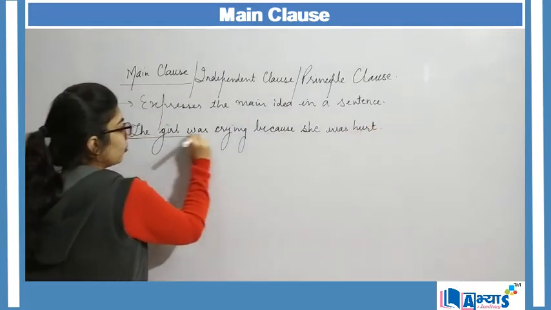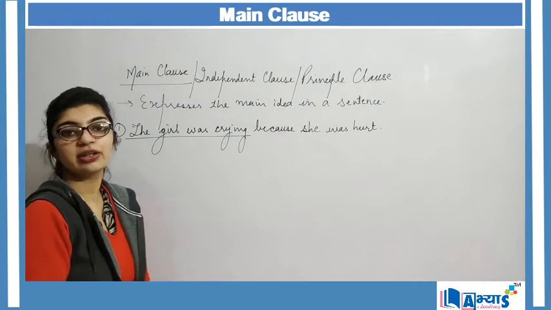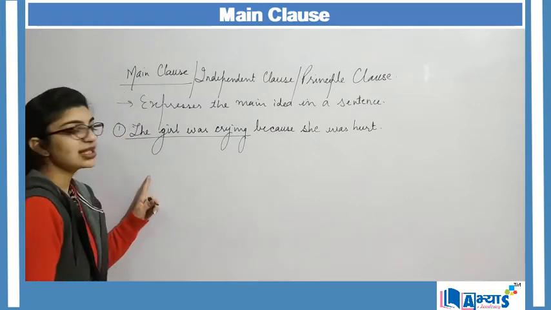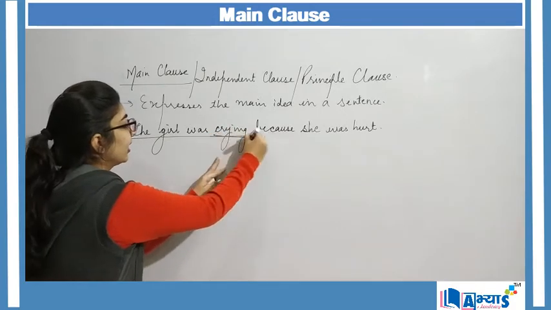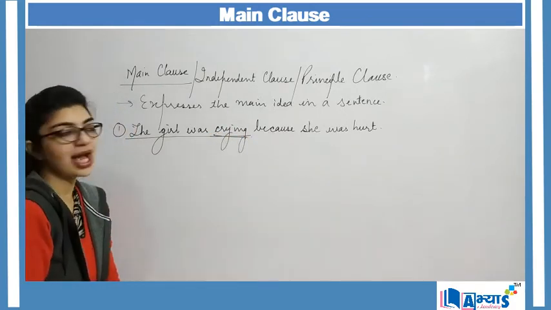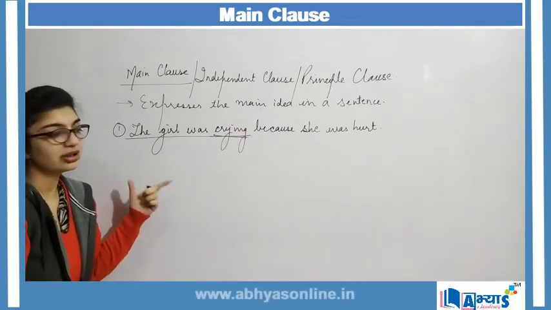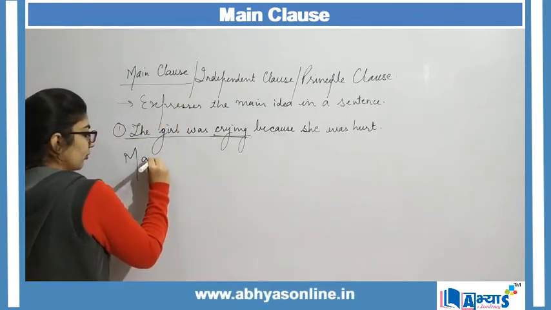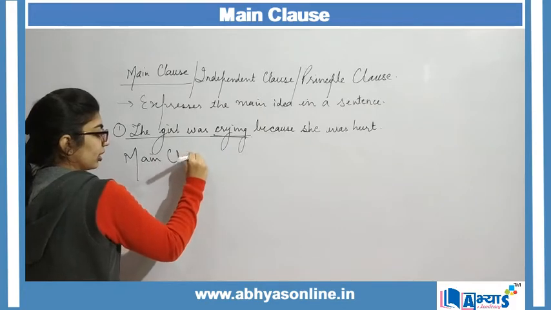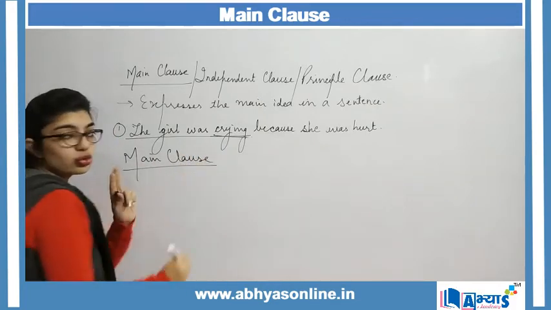Now the girl was crying is my clause. It has a subject, it has the predicate, it has a finite verb. Now remember that a main clause should have 2 things in it.